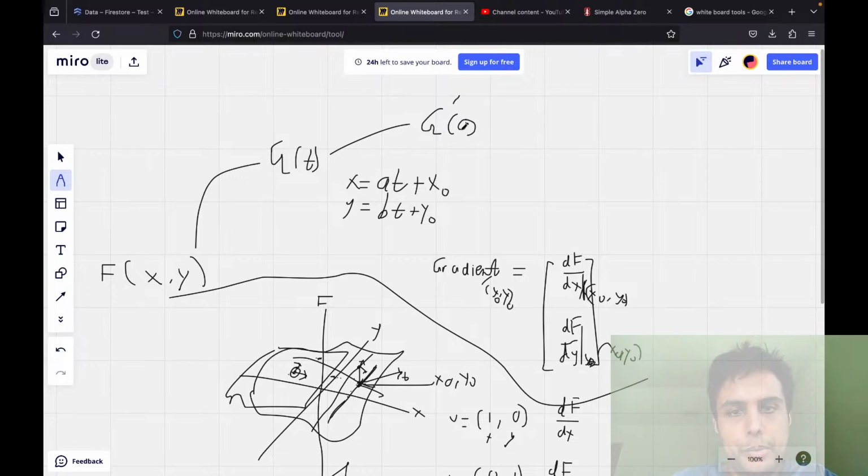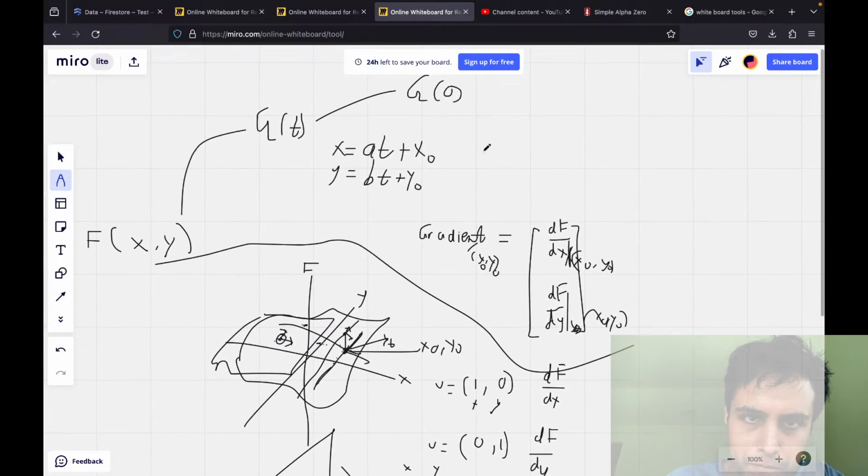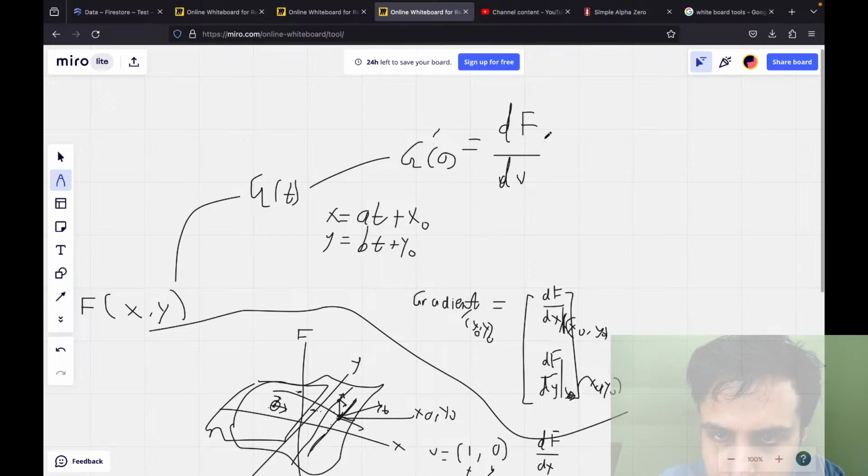And this g prime of 0 is going to be df dv at x naught, y naught.